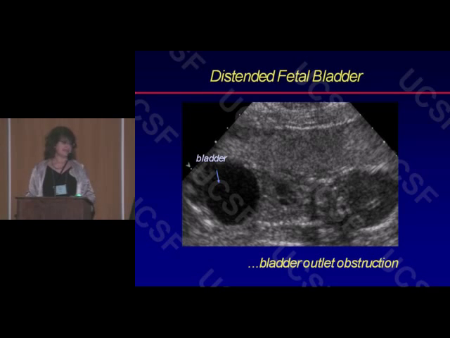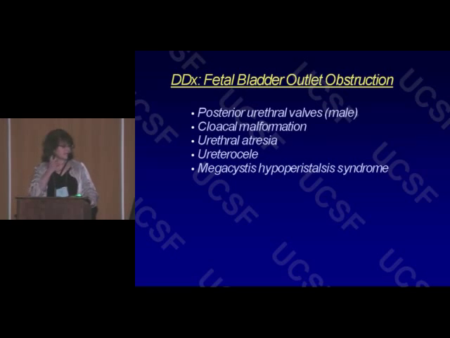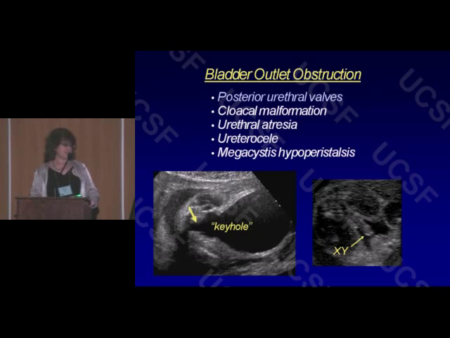In this case, this bladder is clearly abnormally big, so we are dealing with a form of bladder outlet obstruction. Here's the differential for bladder outlet obstruction resulting in oligohydramnios, and the top of the list appropriately is posterior urethral valves. What we go looking for, in addition to the dilated bladder, is the morphology of the bladder.